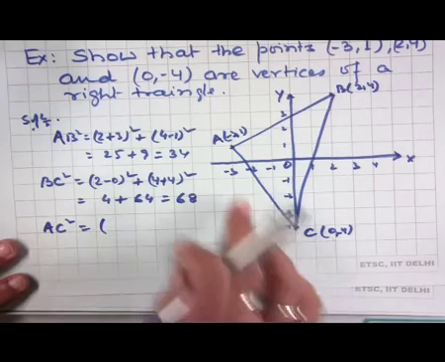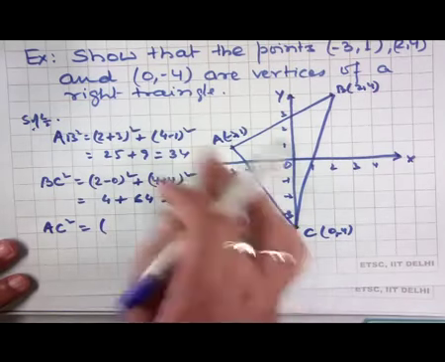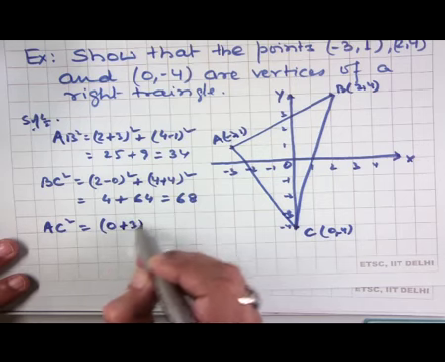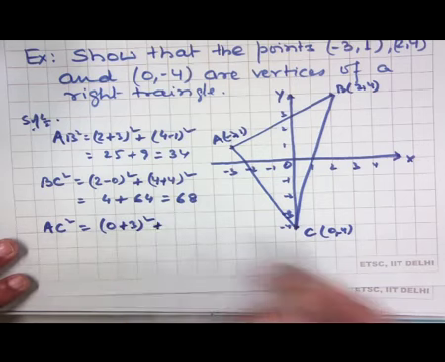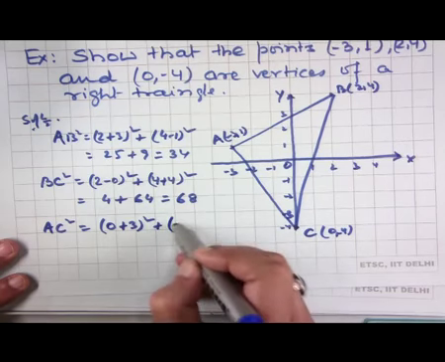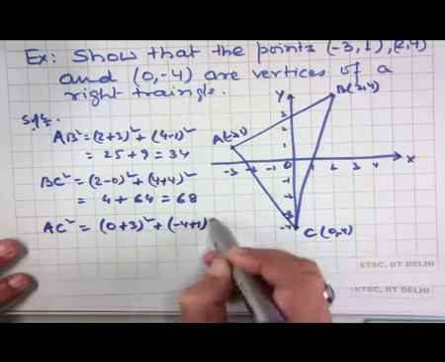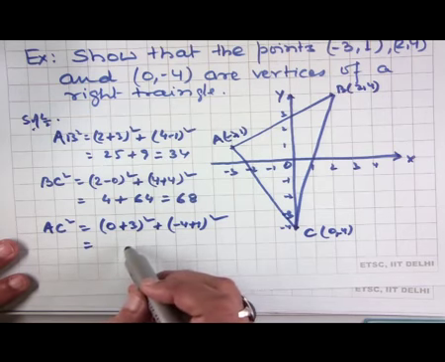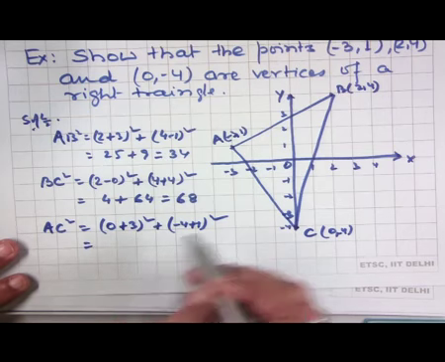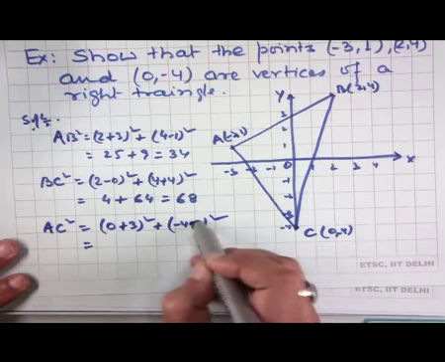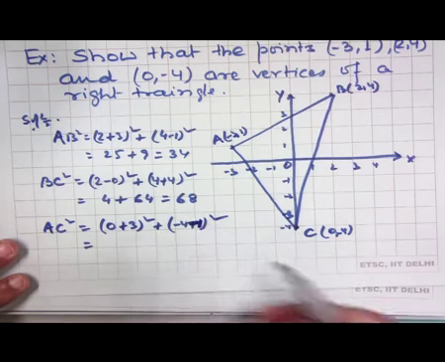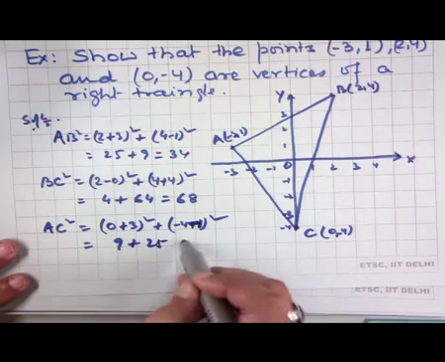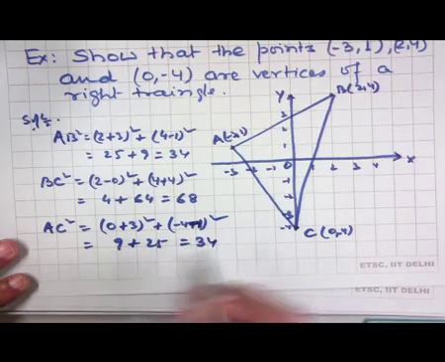Now AC square is equal to (0 plus 3) whole square plus (minus 4 minus 1) whole square. So this is 9 and this is again 25, equal to 34.